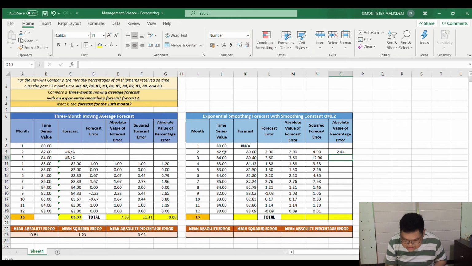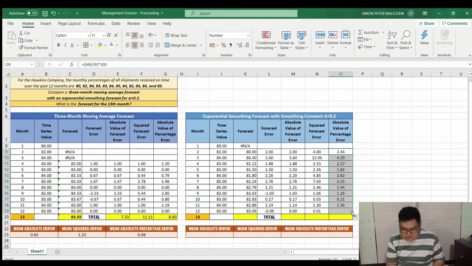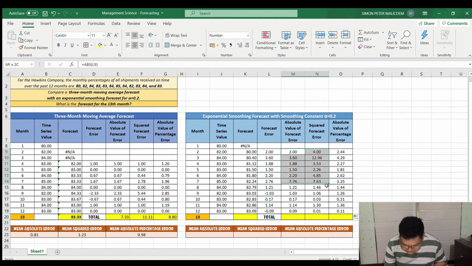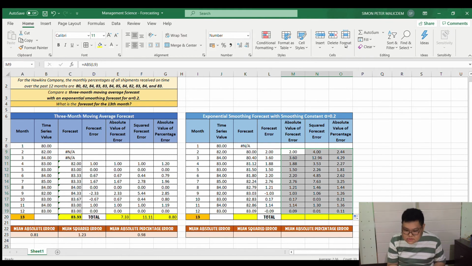Click Enter. Drag the corner to the 12th month. And there we have it. We would be only adding each column by AutoSum. Select the 3 columns and click AutoSum.